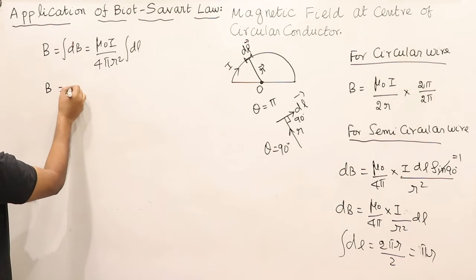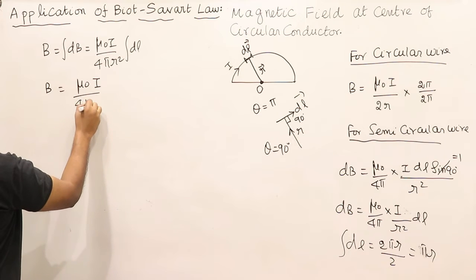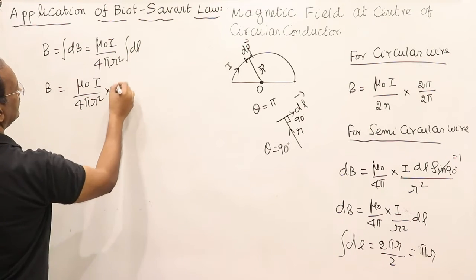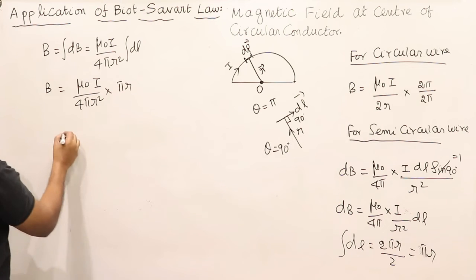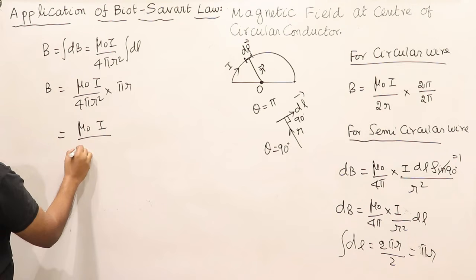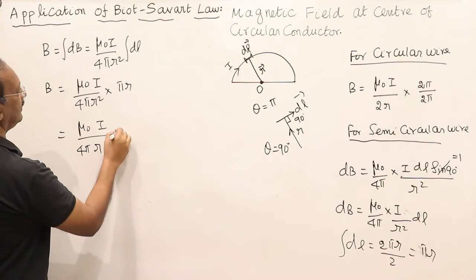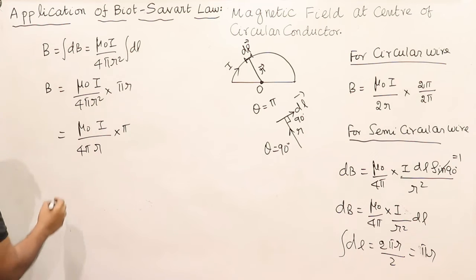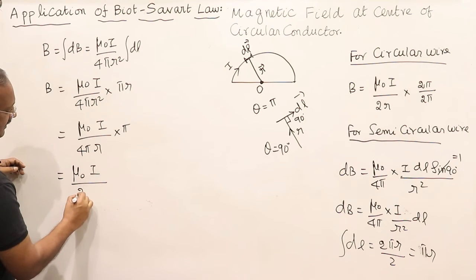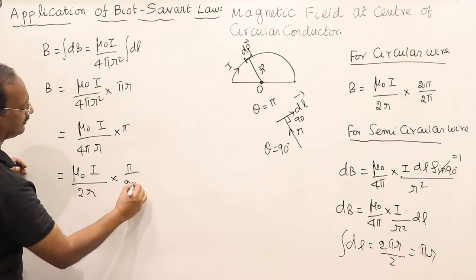Therefore B is equal to mu naught I divided by 4 pi r square into integral of dl, which is pi into r. So is equal to mu naught I divided by 4 pi r into pi, or this we can write mu naught I divided by 2r into pi and divided by 2 pi.